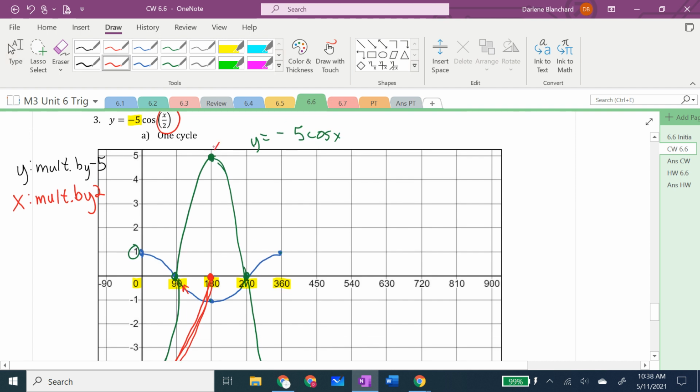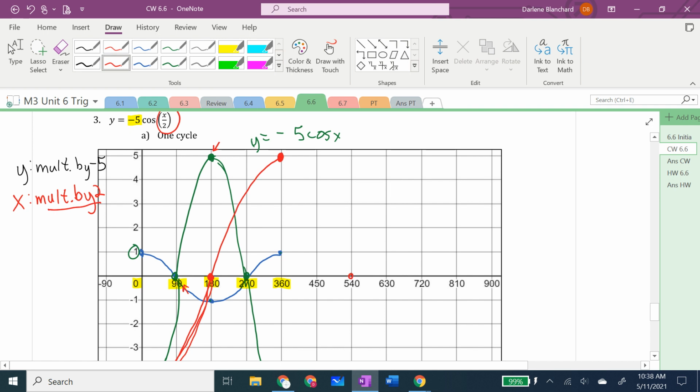My high point of 5 was happening at 180. If I multiply 180 by 2, that gives me 360. So my high point is now occurring at 360. And then I've got my second quarter cycle. 270 times 2. And perhaps you just see the pattern.